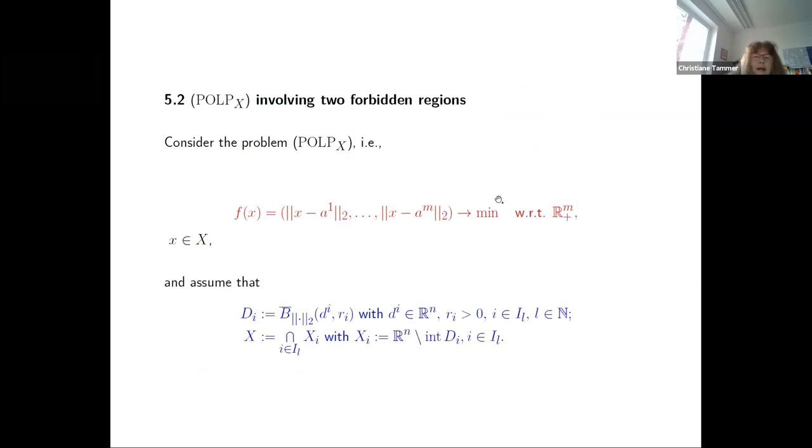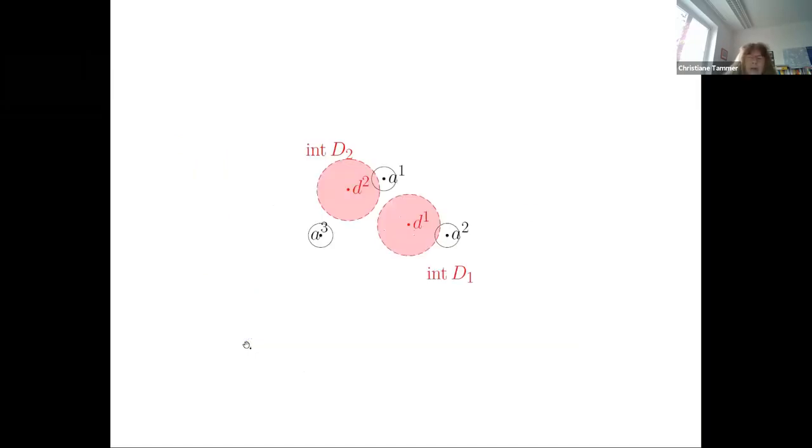However, our results are also true without convexity assumptions concerning X. We consider a location problem with forbidden regions. The forbidden regions are introduced here by X. We consider such sets Xi and the feasible set X. These are examples.